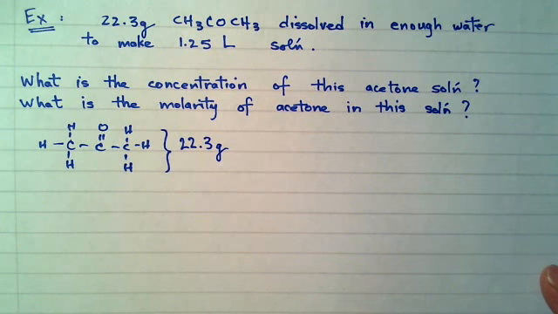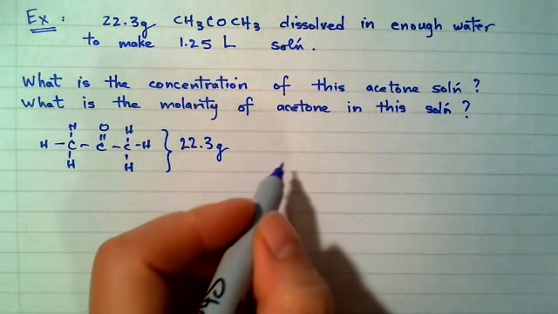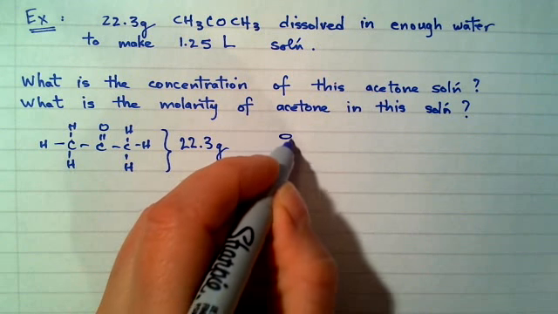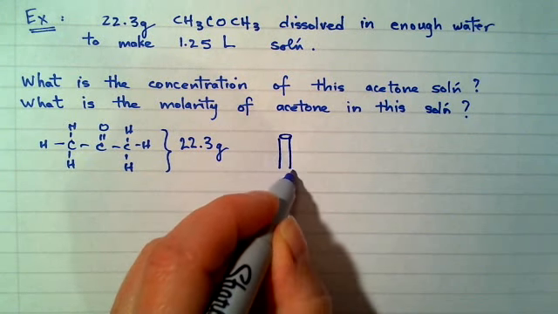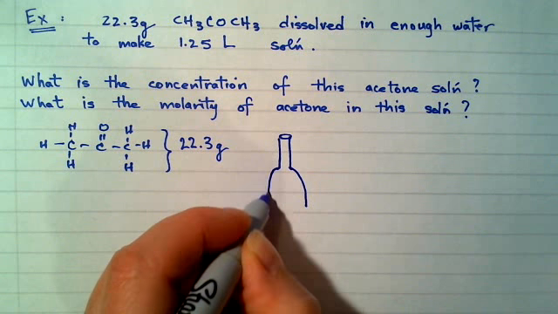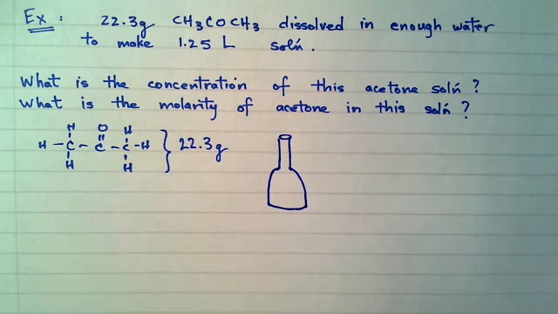So the way this is worded is very much the way that you might receive an instruction in the lab. Imagine for a moment that we would have a flask that is a very precise vessel.